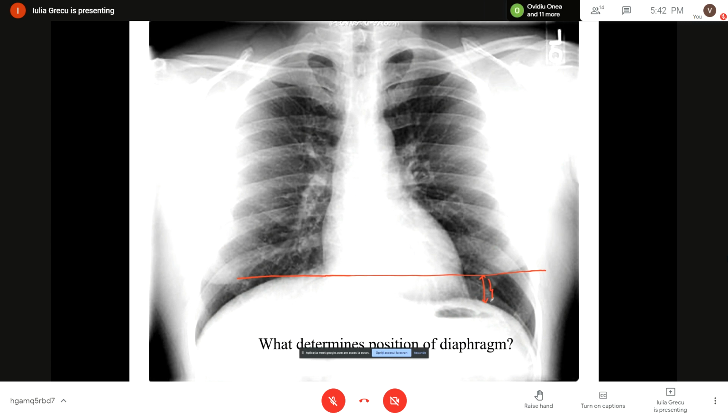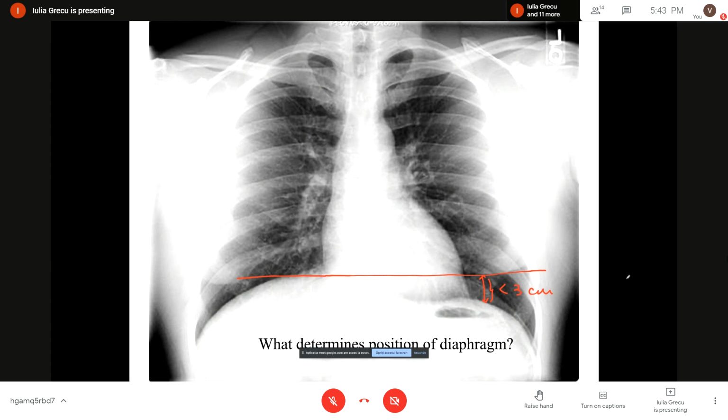This distance should not be higher than 3 centimeters. If it's higher, then we will say that the right diaphragm is lifted. This can happen in a series of abdominal pathologies, for example a very big liver tumor that will compress the diaphragm and lift it more than 3 centimeters above the left one. So this is the normal aspect of the diaphragm.